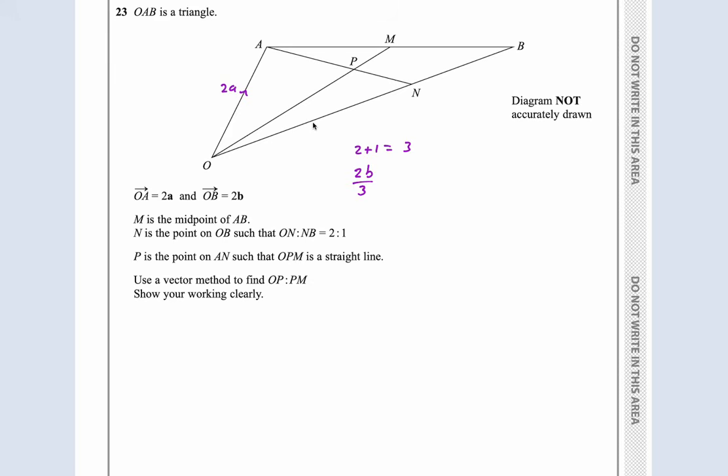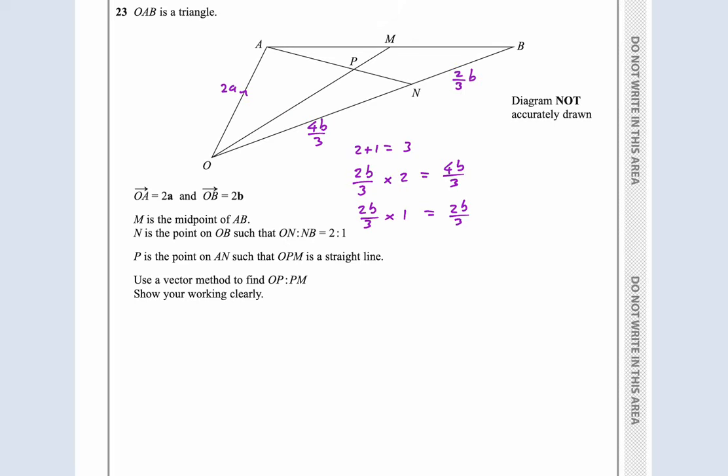So this will be 4b over 3, because I'm going to times 2. And I times 1, which is obviously just 2b over 3. So this will be 4 over 3 b, and this one will be 2 over 3 b.